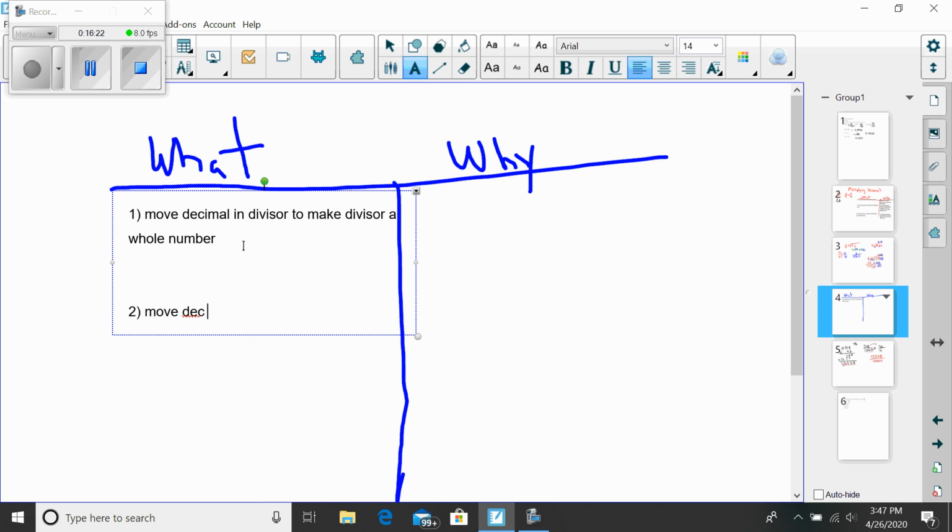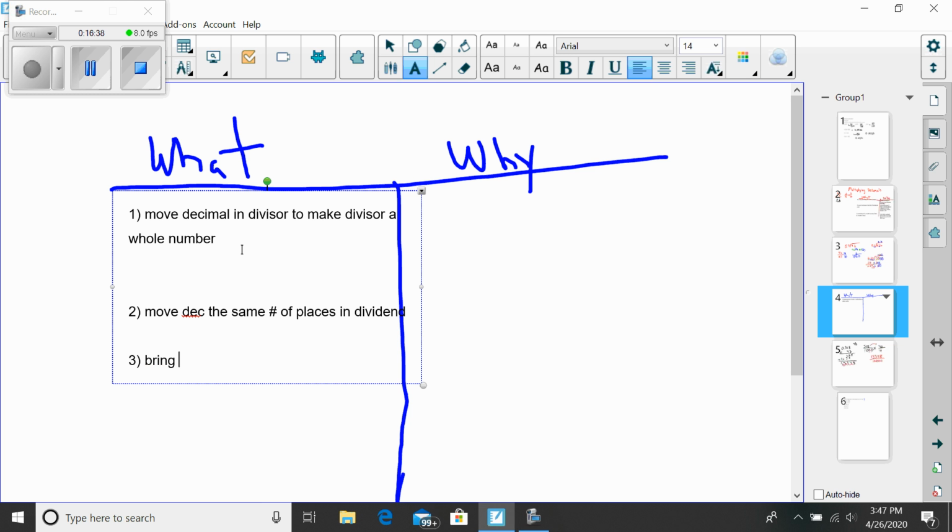Move the decimal the same number of places in the dividend, and then we just bring the decimal point straight up, and then we just do regular old division.